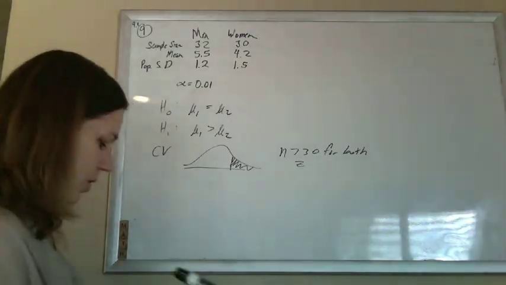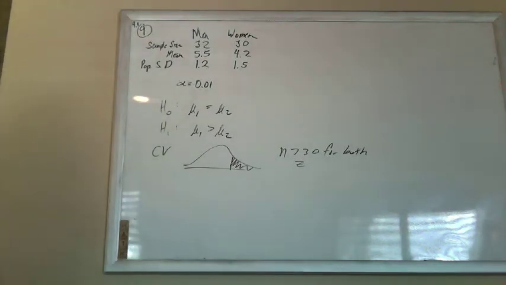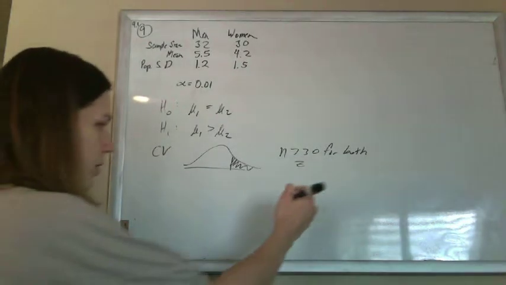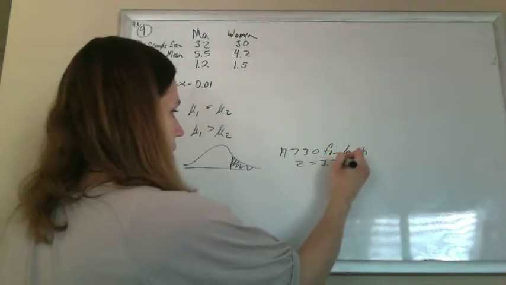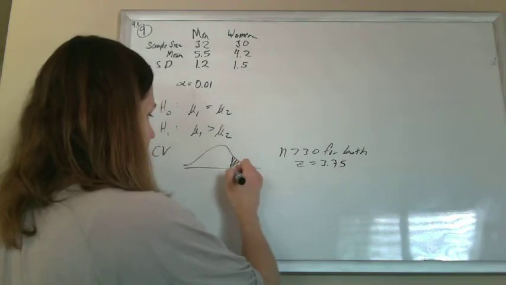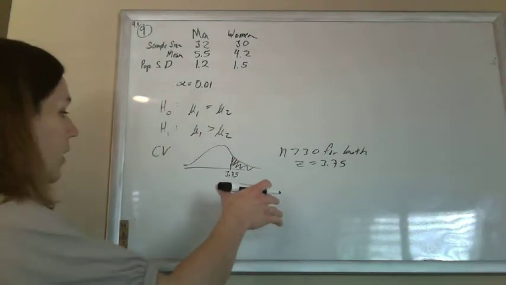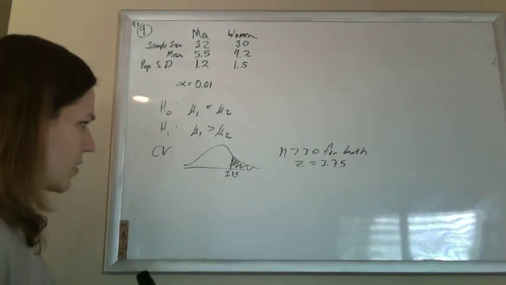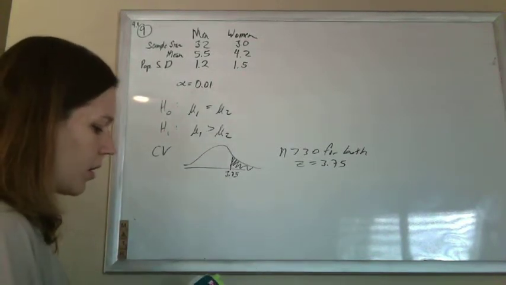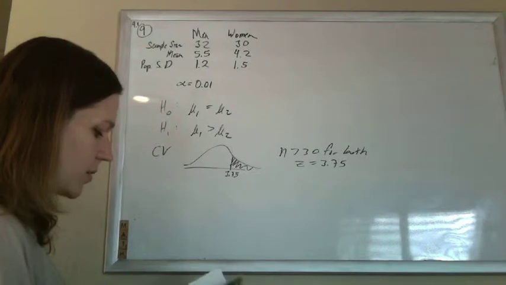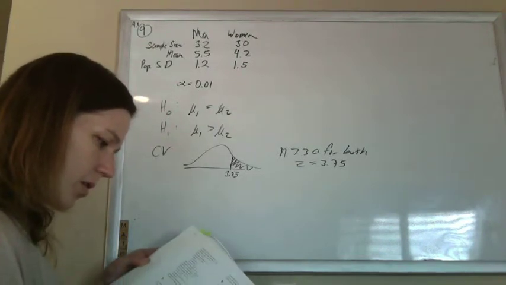And when you do that, you're going to get, I think I wrote it down somewhere, 3.75. So 3.75, you know it's positive because it's right-tailed. Because the back of the book, I think, is just going to give you all positives. So it's right here.